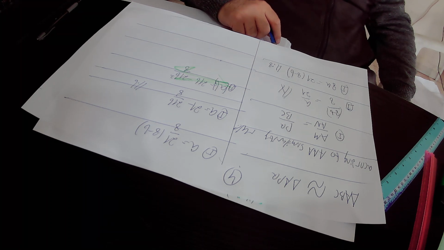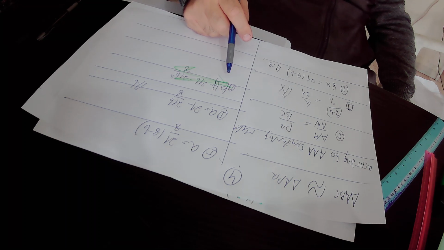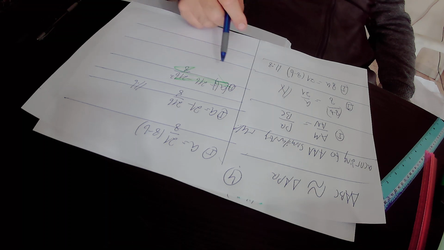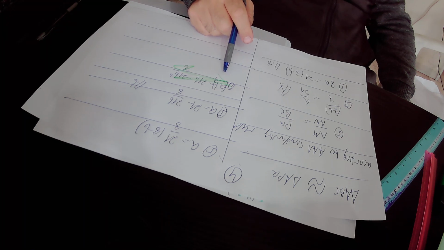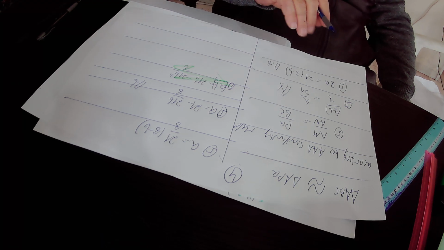B is the independent variable, and the area A times B is the dependent variable, because once we choose the value of B, the value of the area will be determined by the value of B. So A times B, that is the area of rectangle PQST, is the dependent variable, and B is the independent variable.